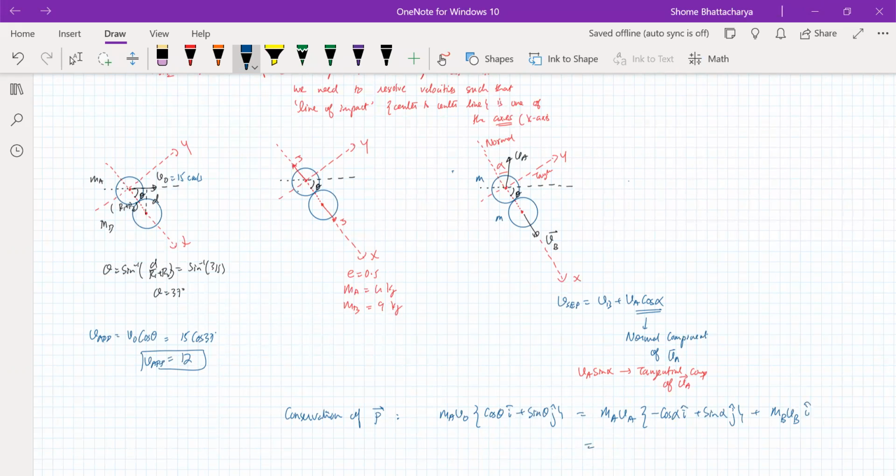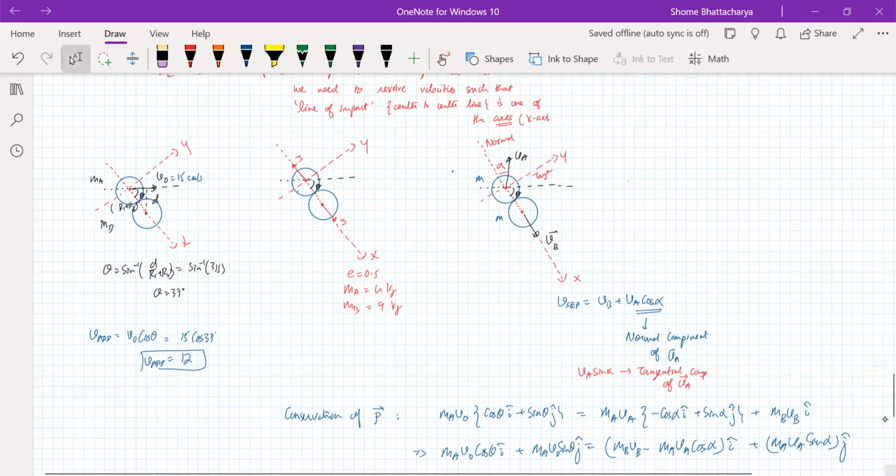So when you pick this together, this is MB VB minus MA VA cos alpha i cap plus MA VA sin alpha j cap. So when you see the j cap component of this equation, you realize what we said about the tangential component earlier. When you equate the two, you get that result, that V naught sin theta is equal to VA sin alpha.